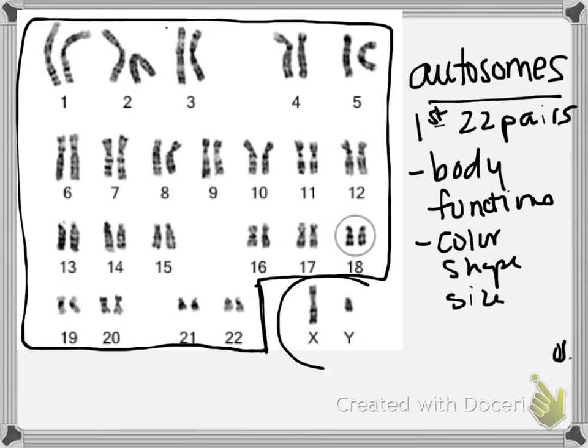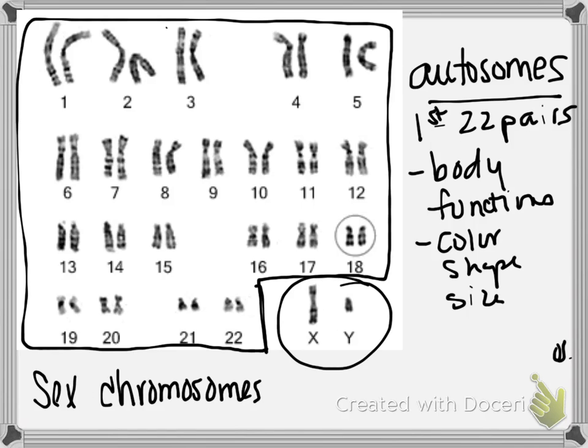This last pair also has a special name. These are the sex chromosomes. Guess what they determine? Your sex. Your biological sex. So, you got one of them from your mama and one of them from your papa.